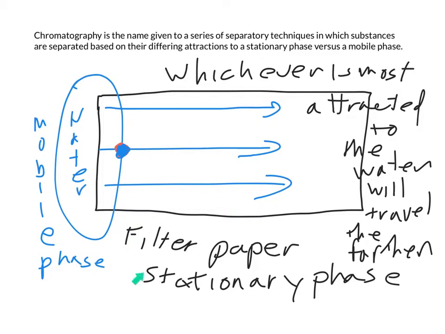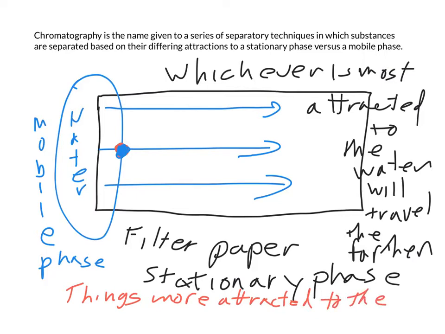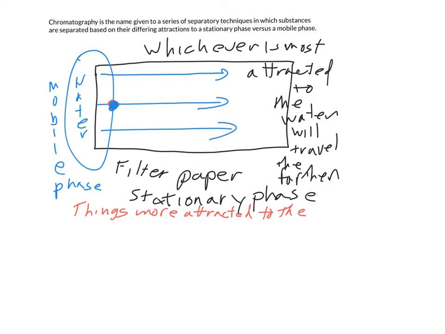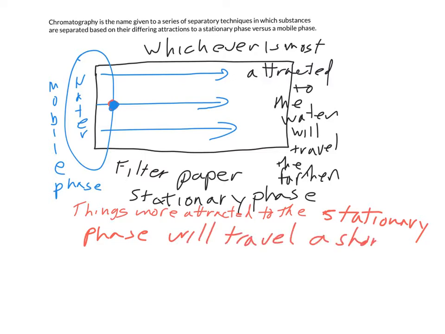Things more attracted to the stationary phase will travel a shorter distance.